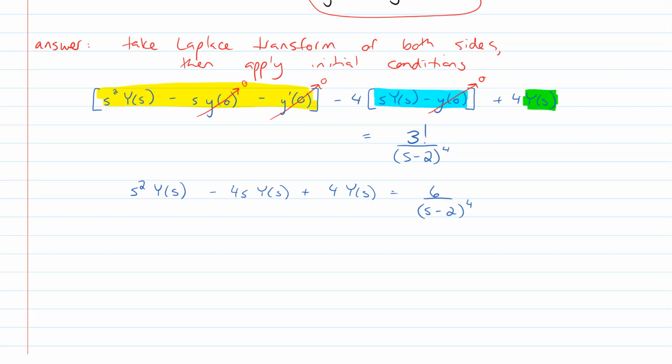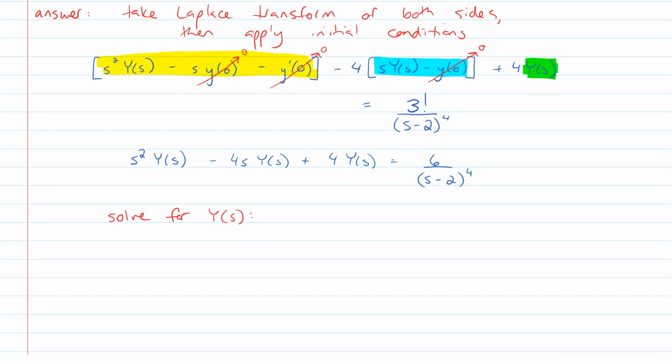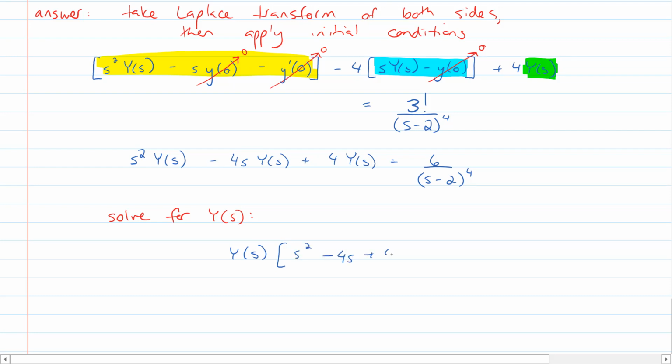So our next step is going to be to solve for Y of s, so we're going to factor out Y of s. We get Y of s times s squared minus 4s plus 4 is equal to 6 over s minus 2 to the 4th power.